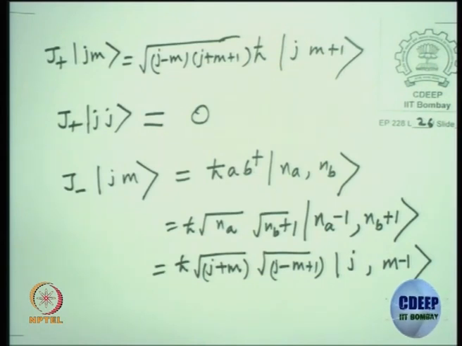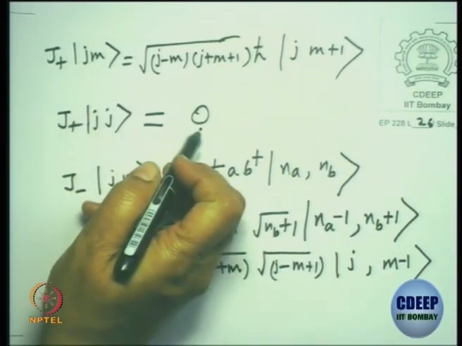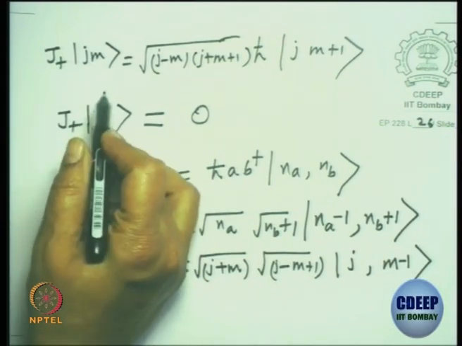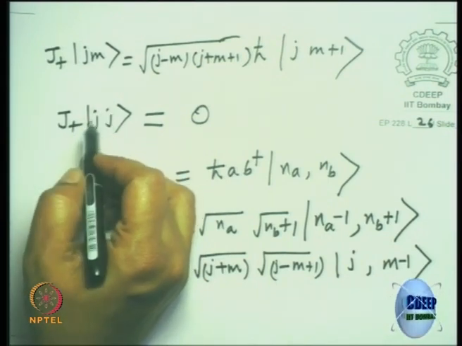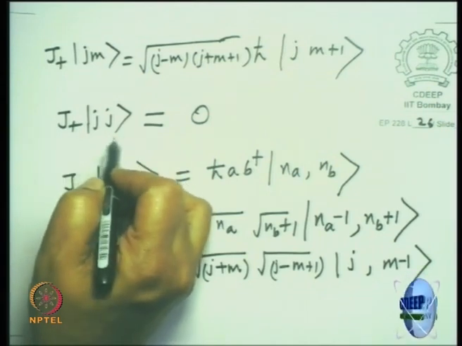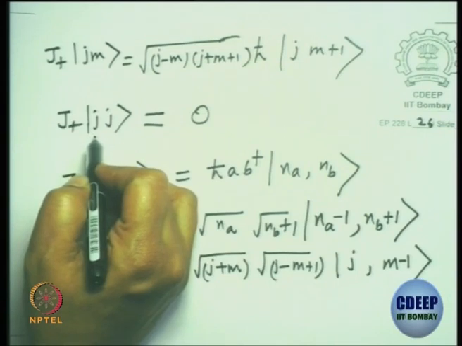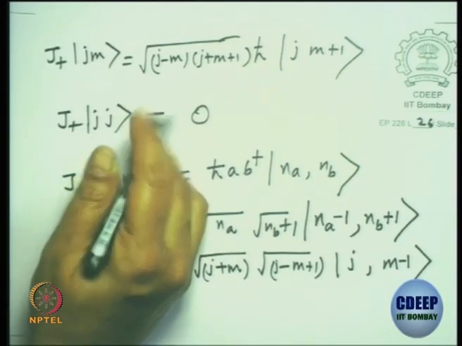We could do this independently from the algebra, but right now I have done it by the Schwinger method. And we see that there is an upper bound: the raising operator cannot go to infinity if it operates on this state, where the magnetic quantum number is the same as the J squared quantum number. It's going to be 0.